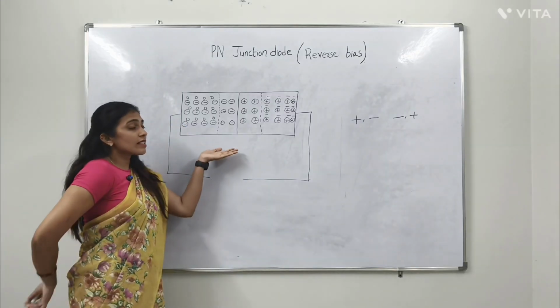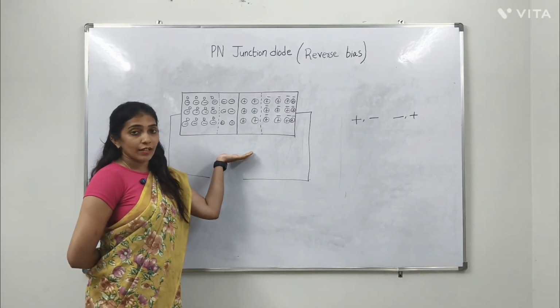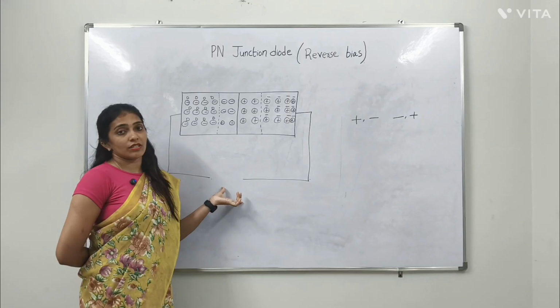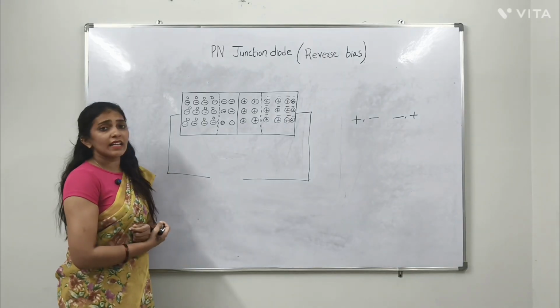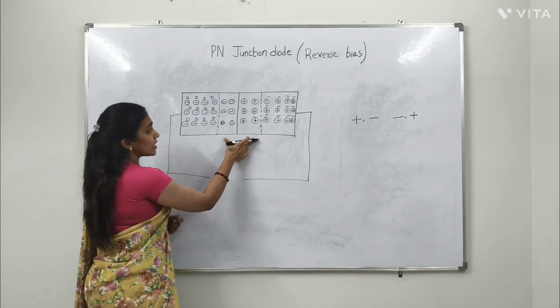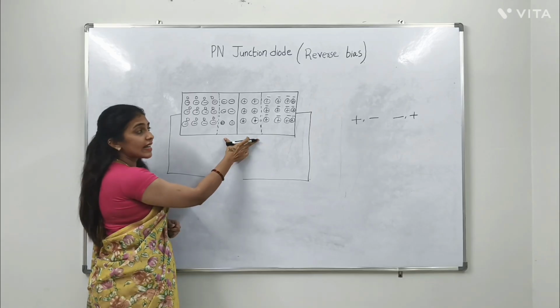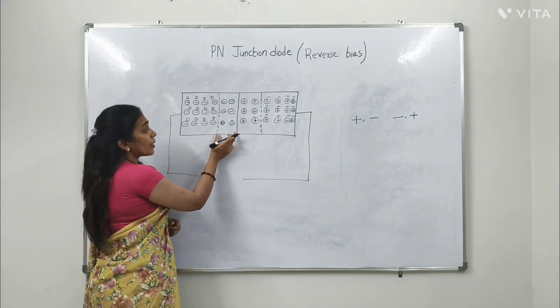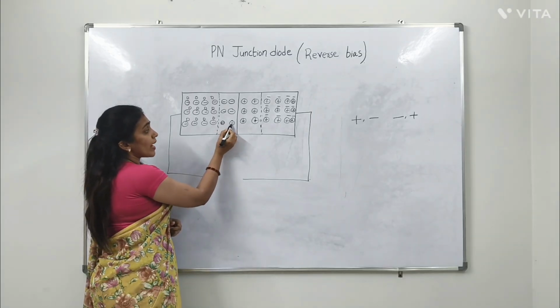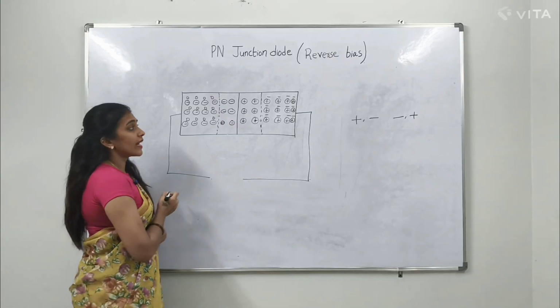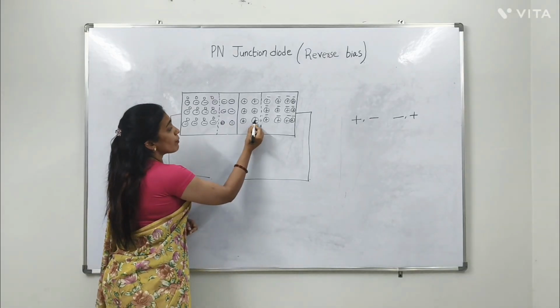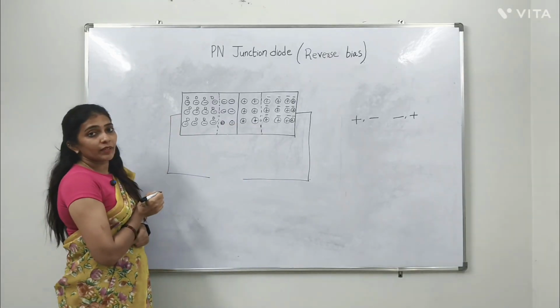So here this is the circuit in no bias condition. In no bias condition, this is the depletion layer. In this depletion layer, on the P side, negative immobile carriers are there. On the N side, positive immobile carriers are there.